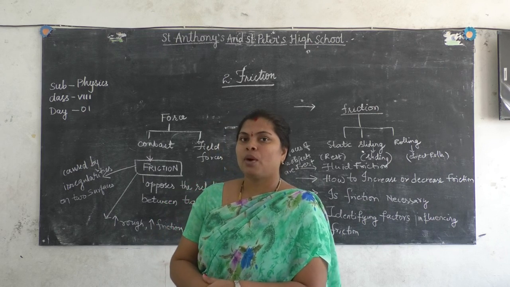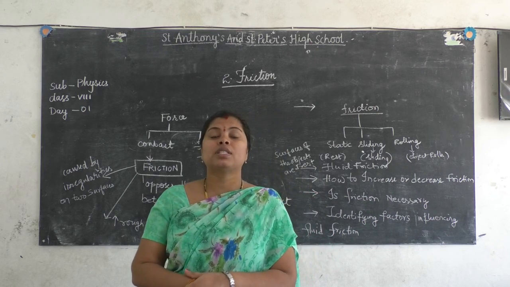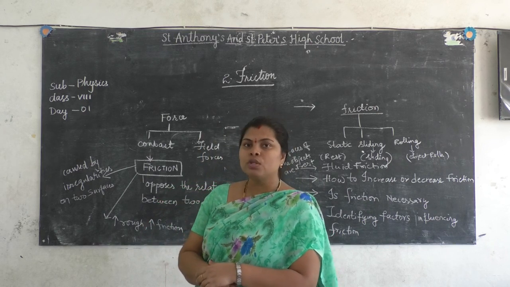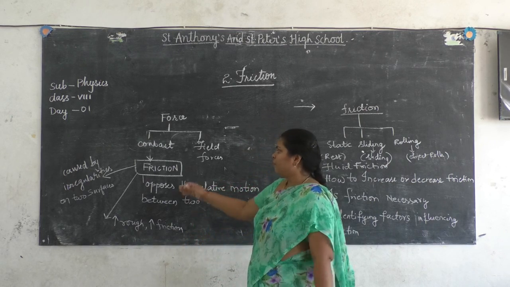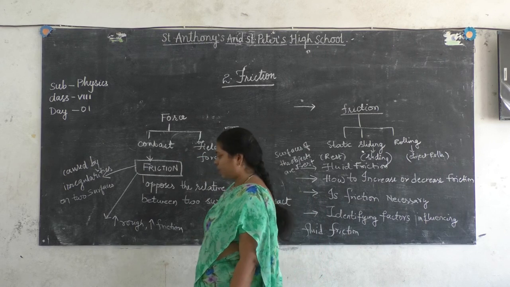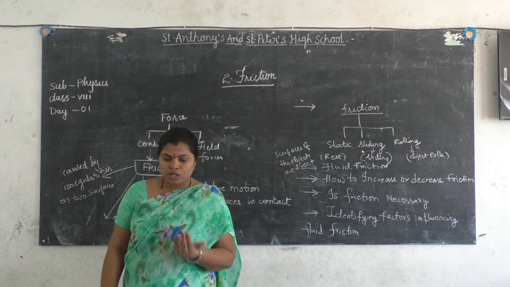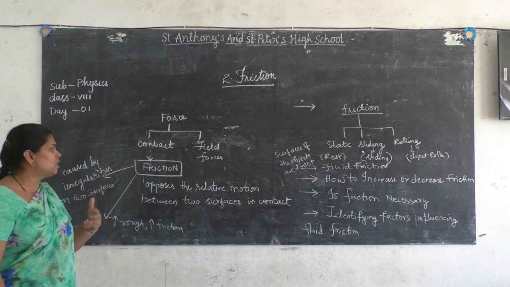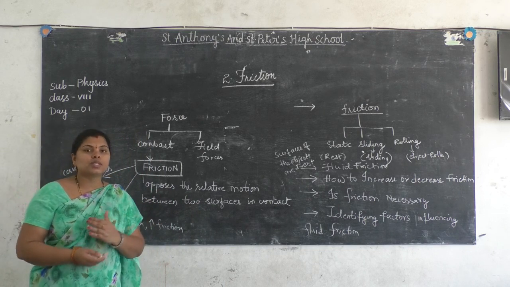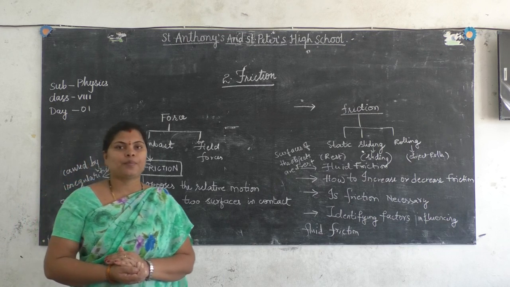This chapter is about frictional force. It's a type of contact force, as we discussed earlier. Friction force comes under contact force. And we also have studied that frictional force opposes the relative motion between the two surfaces in contact.